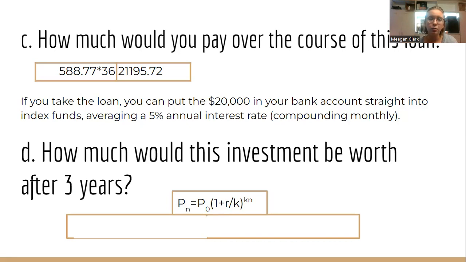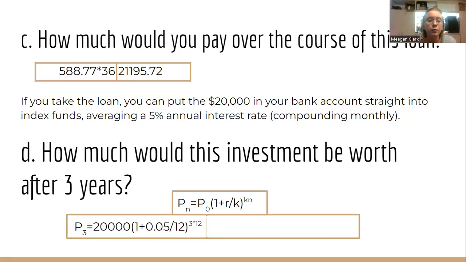So if you take the loan, you can put the $20,000 in your bank account straight into the index funds, averaging a 5% annual interest rate when compounded monthly. So how much would this investment be worth after 3 years? To solve that, we use this equation, P equals P0 times 1 plus the rate over how many times compounded per year, raised to the power of how many times compounded per year times how many years.